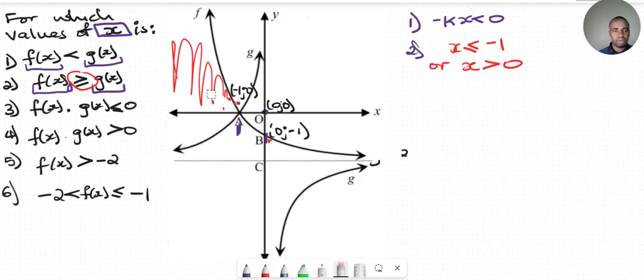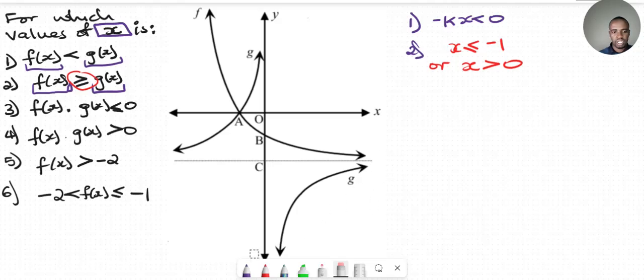Alright, the next one. The next question is asking for, please remember our asymptote is -2. Question 3 is asking for f of x times g of x less than or equal to 0. So we need where our functions have different signs.